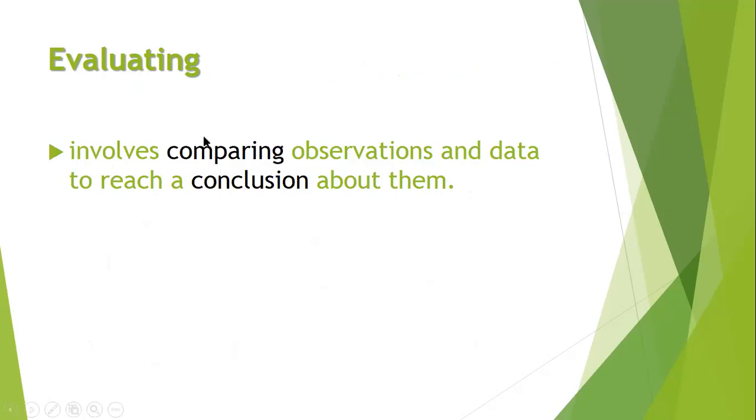Evaluating involves comparing observations and data to reach conclusions about them. For example, as a teacher, when I evaluate my students, I have to make a comparison of who's working and who's not, so I can reach a conclusion about who's going to succeed and who's going to have to go back to study.